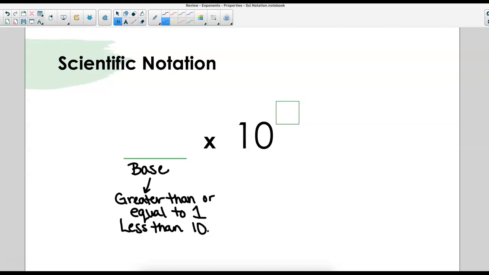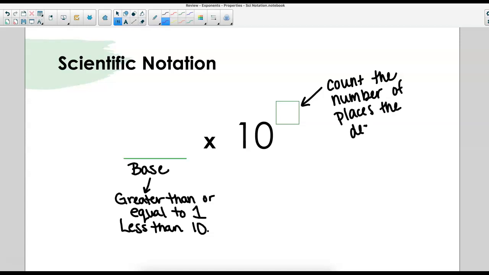Okay, and then we also have an exponent. And this exponent, we had to count the number of places the decimal moved.